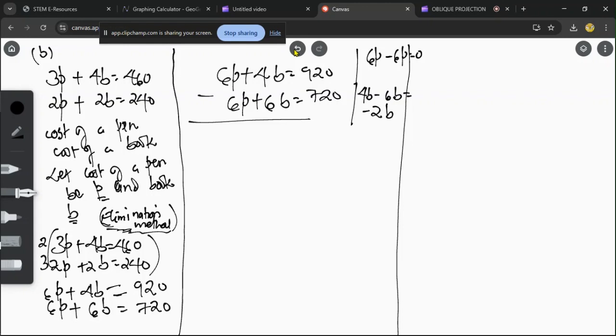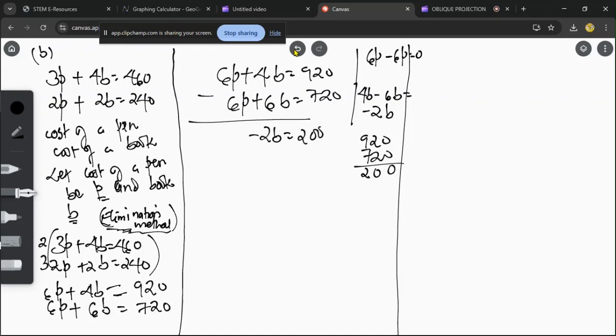Then it is B. So this answer will be minus 2B is equal to, what is 920 minus 720? It will give me 200.